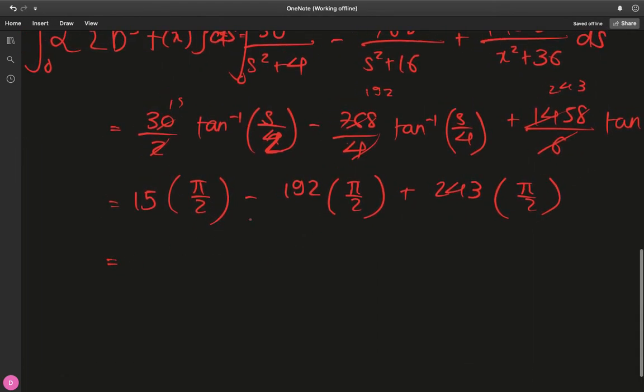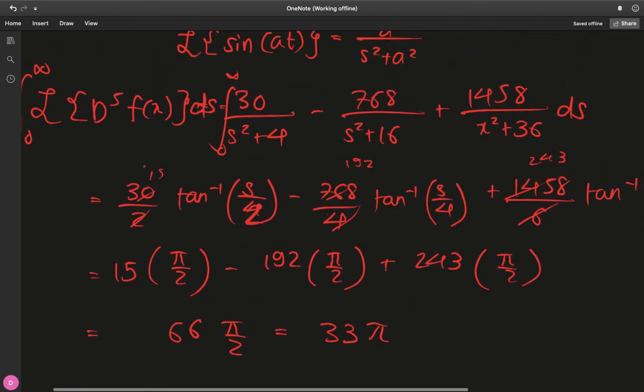Now we can reduce this further, so all of this actually reduces to 66 pi over 2, which is basically 33 pi.